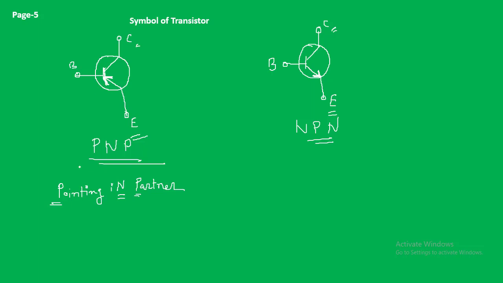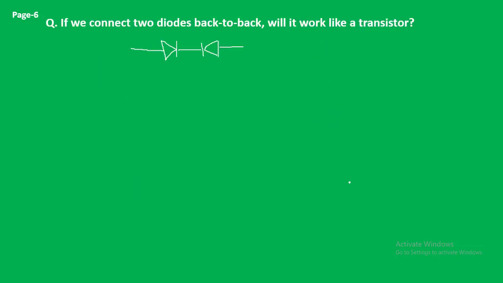So this is the symbol of PNP transistor, and for NPN transistor, not pointing in. So that is how you can remember the symbol of PNP transistor, and not pointing in is for NPN transistor.